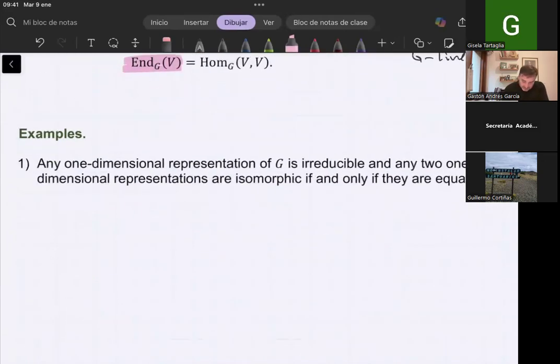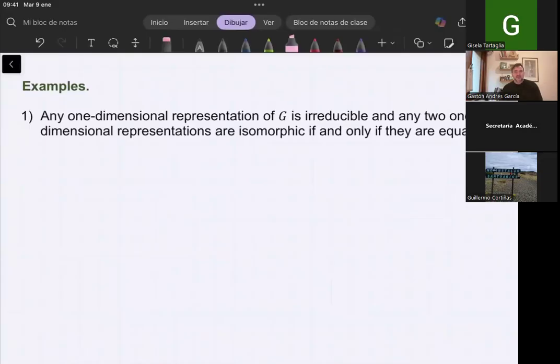Okay, so now examples. Any one-dimensional representation of G is irreducible because there is no room to have invariant subspaces. For example, the trivial representation is an irreducible representation. And any two one-dimensional representations are isomorphic if and only if they are equal. And how do we see that? So let's write this down.